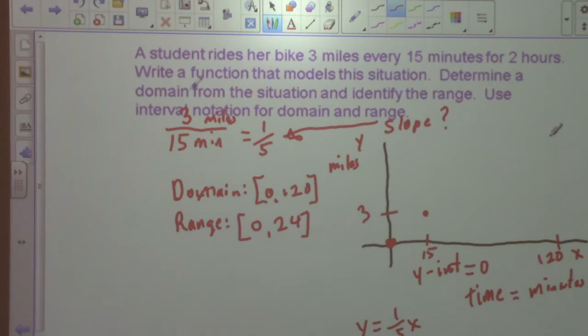Okay, so now we're going here, this is going to be 120, comma 24. So now the thing would look something like this, right? Something like that. Okay?